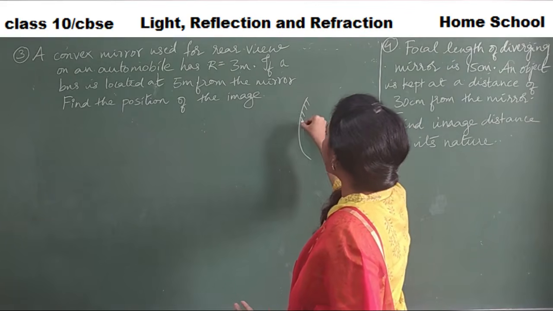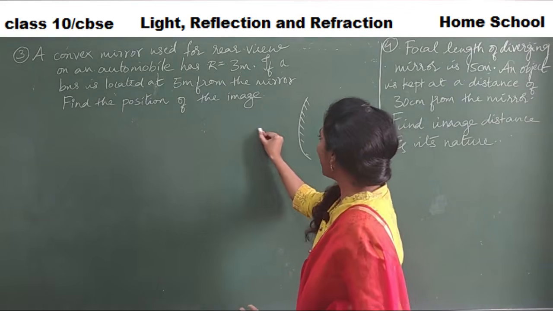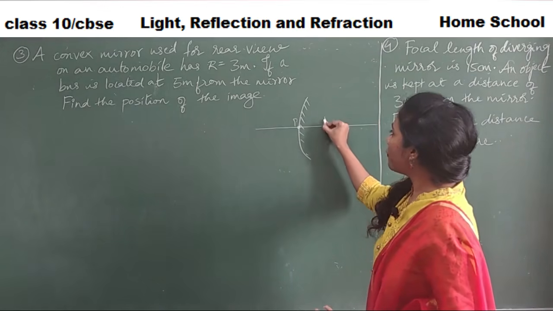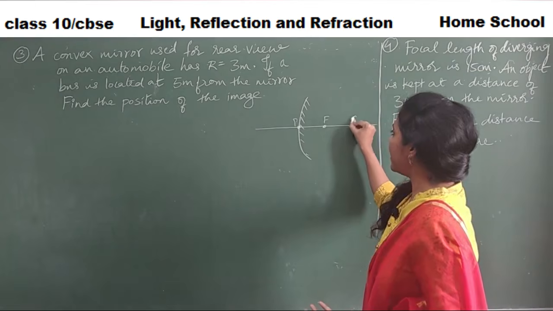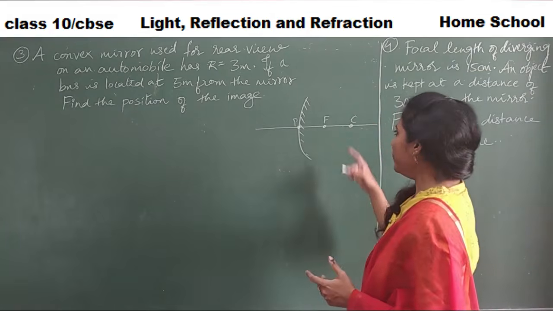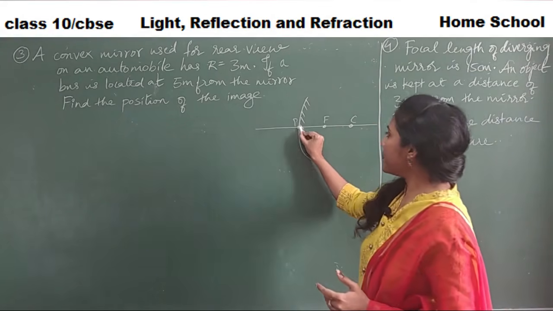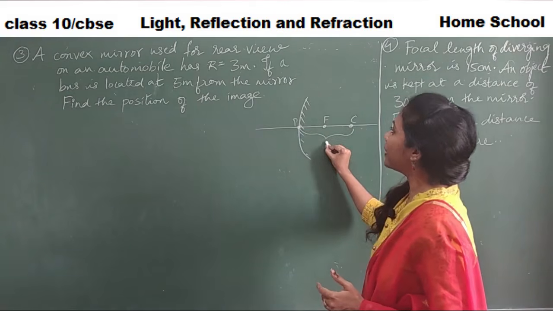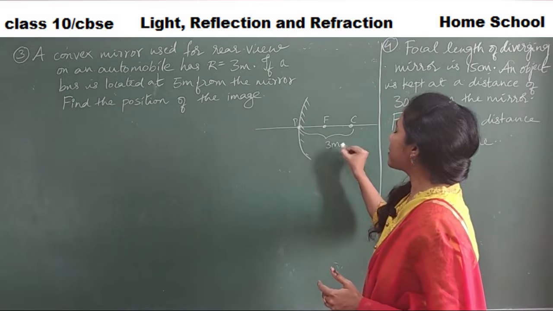So this is our convex mirror. Fine. And this is the pole. This is our focus point. This is our center of curvature. So what do you mean by radius here? The distance between the pole and the center of curvature. This distance they have given, that is 3 meters.